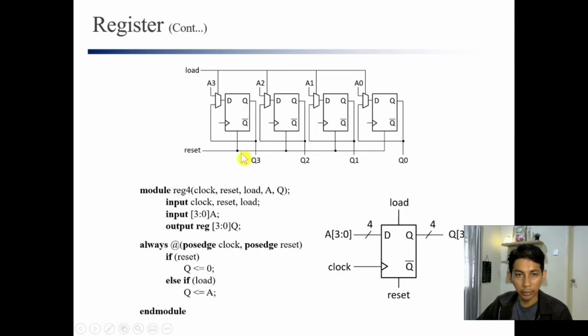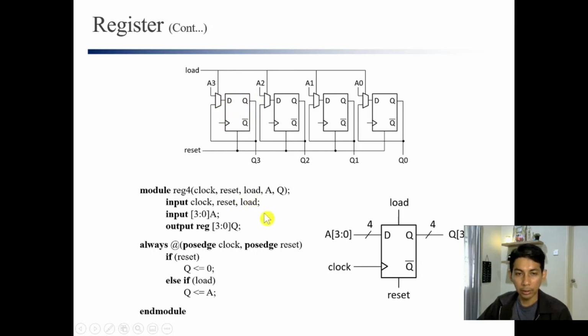Now you have reset in your register, and you have load signal. So what is load signal? Load signal is a signal that controls the input to the flip-flop or to the register. So that means if load signal is not active, the data A here does not enter the register. But if load signal is active, or selects the A input, the data will go to the register.